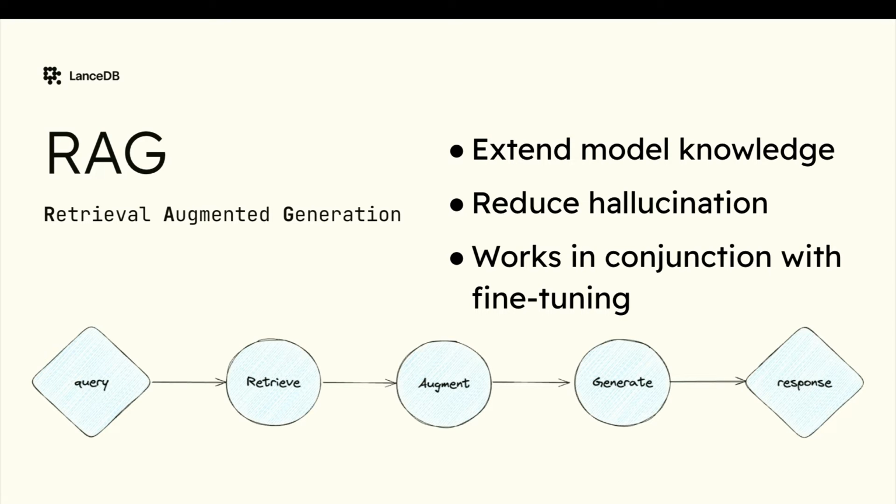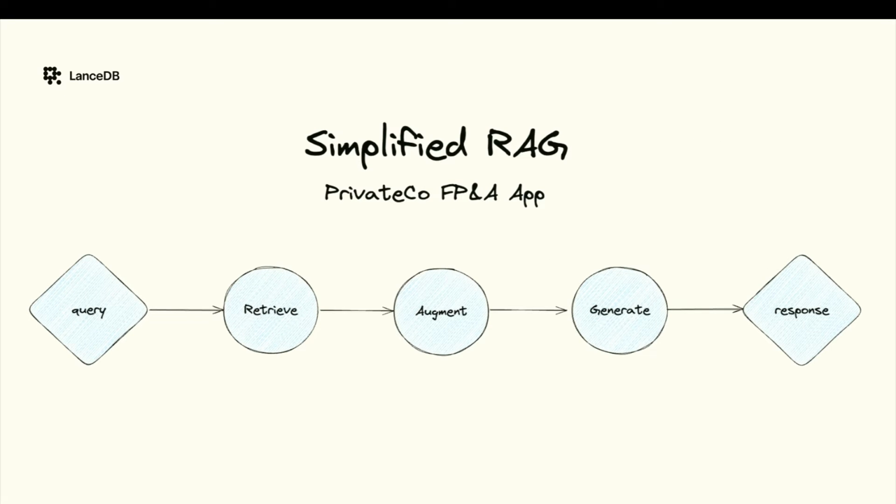So this is a typical RAG workflow. The incoming query will retrieve the relevant context, augment the prompt, and then pass it off for generation. A specific one might be something like, why did operating expenses rise more than expected last quarter?